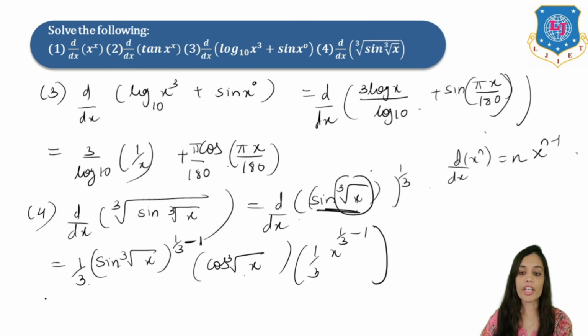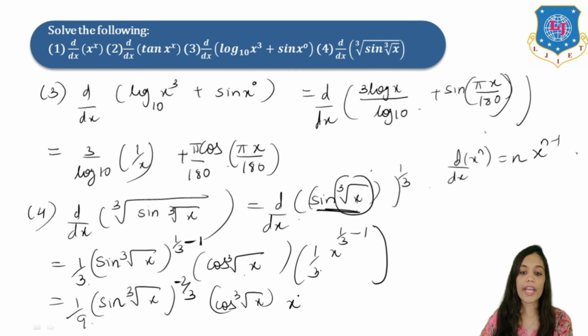So let us simplify this. So final answer will be 1 upon 9, 3 into 3. So 1 upon 9 sine cube root of x whole raised to, this will be what? Minus 2 by 3. If you take the LCM, into cos cube root of x, right? Into x raised to minus 2 upon 3. So this is your final answer.